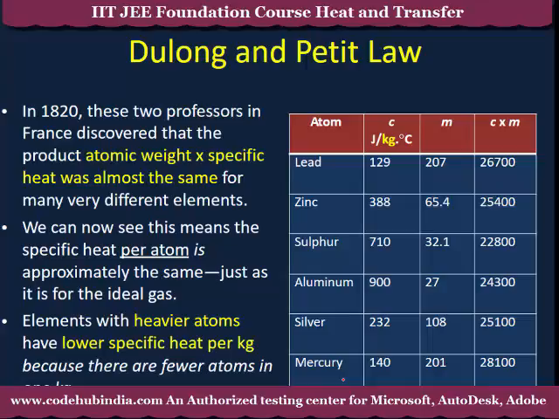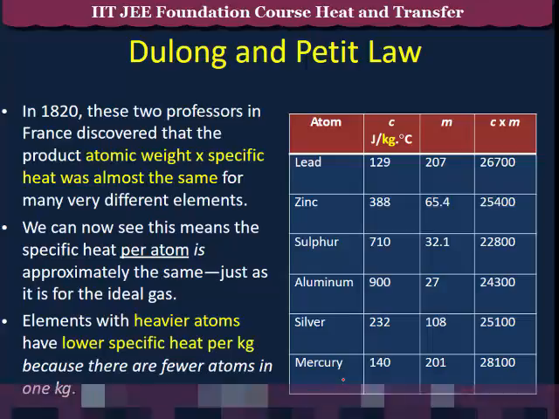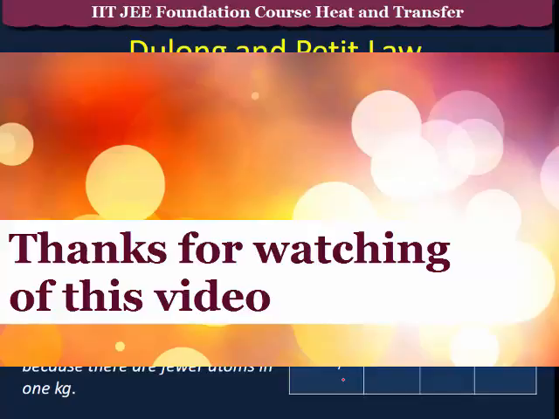We can now see that the specific heat per atom is almost the same, as for an ideal gas. Elements with heavier atoms have lower specific heat per kg. Clear?